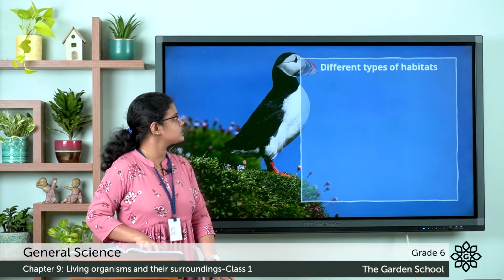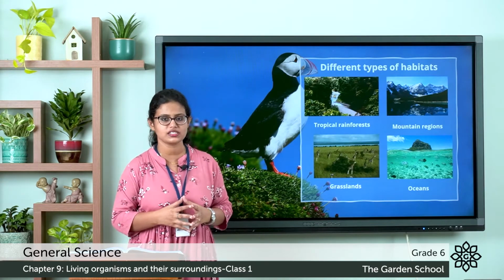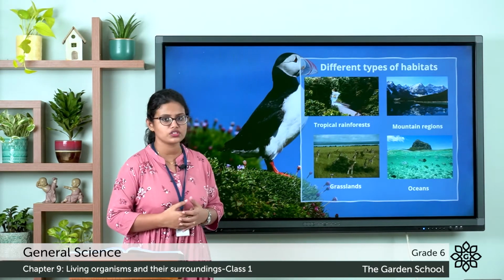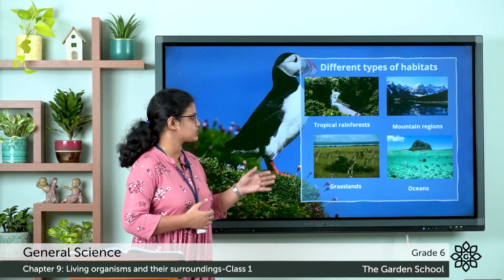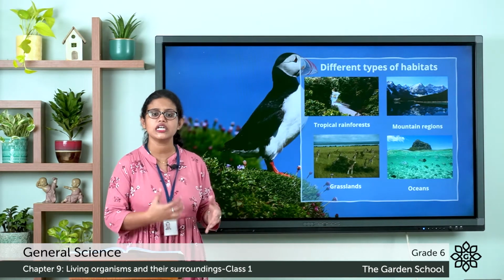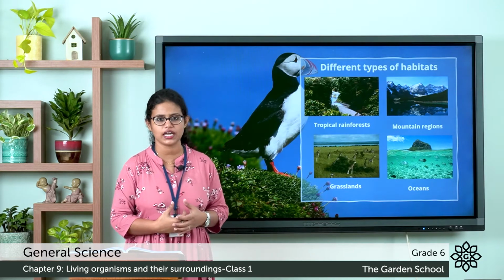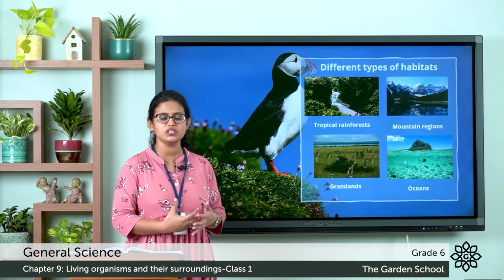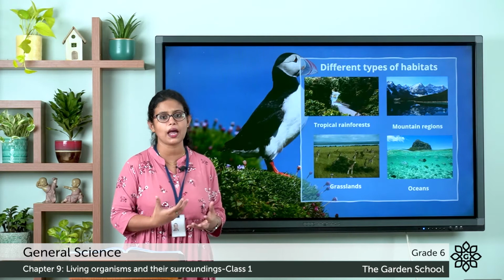And there are different types of habitats: tropical rainforest, mountain regions, grassland, oceans. All these are different types of habitats, and different animals live in these different habitats.